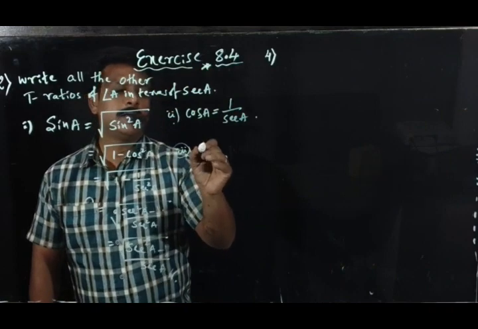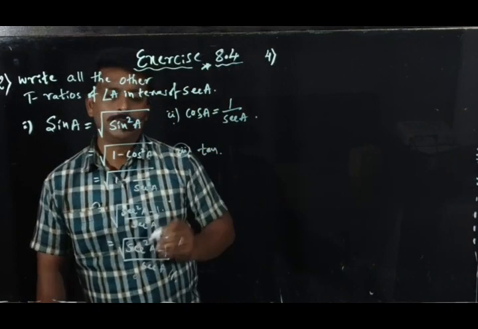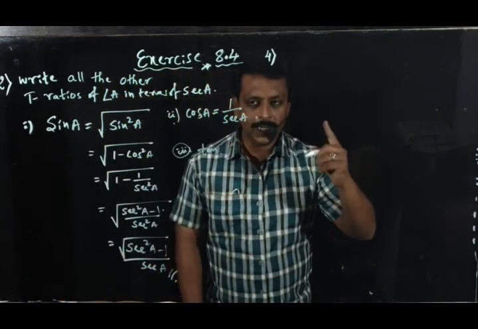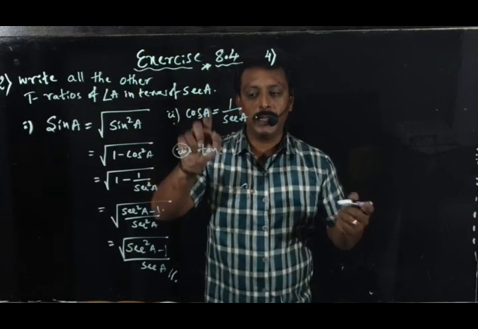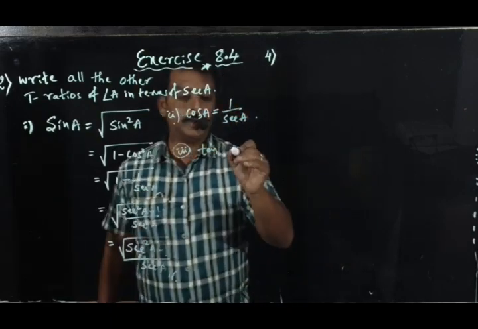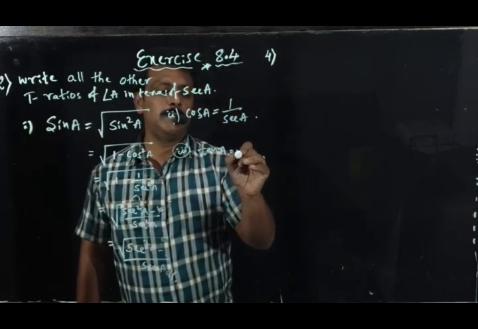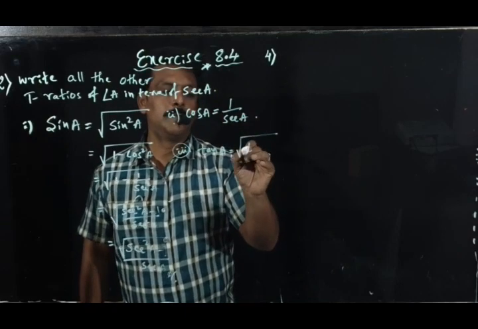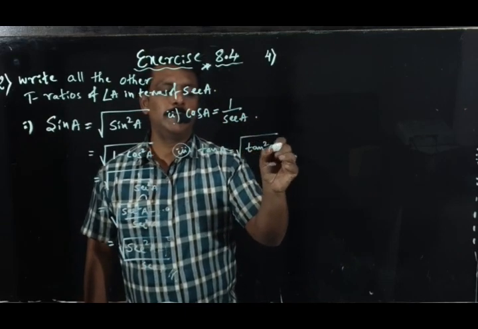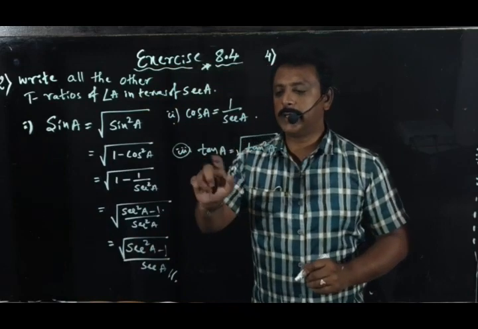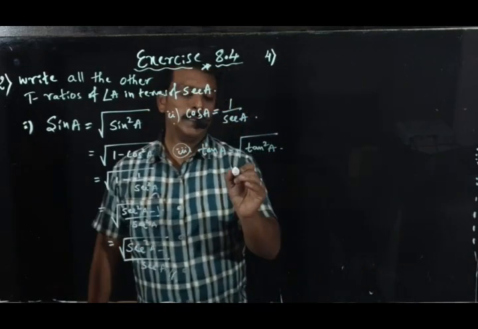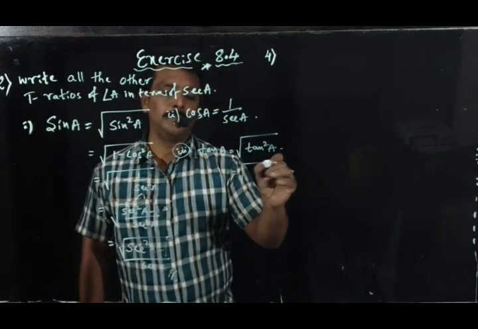Tan A. All of you recall, one identity is there with sec and tan. According to that, I am going to express tan A as square root of tan square A. Why? Because the square root cancels, again you will get tan A. Use identity number 2.